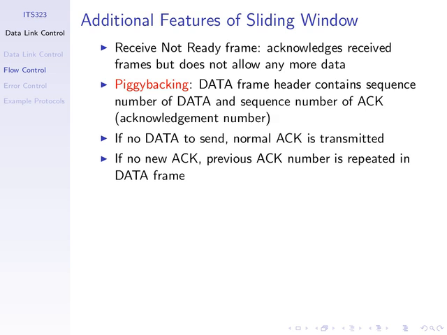And what we do is, in the header of this data frame that comes back, the data is the data that B wants to send to A. The header contains the sequence number of that data, for example 5, and it also contains the acknowledgement number acknowledging the previous data.